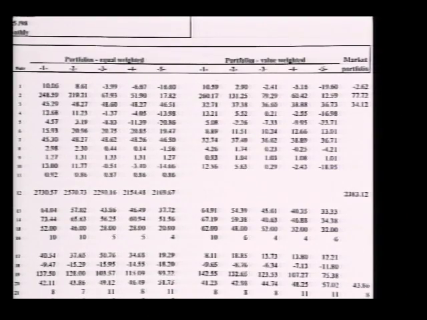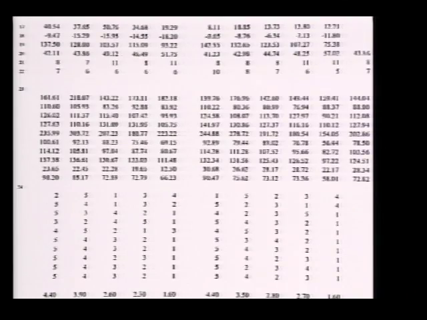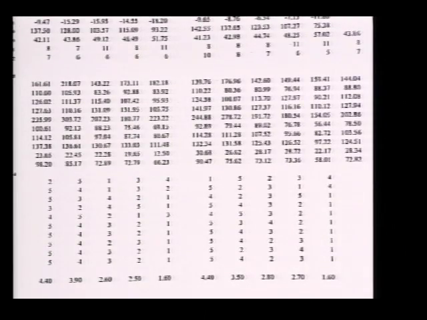Again, you can look at consistency in terms of the ability to win. And take a look at this column right here. 5 means the portfolio that does the best. And there's a lot of 5s there. Notice there's a 1 in the very first year.